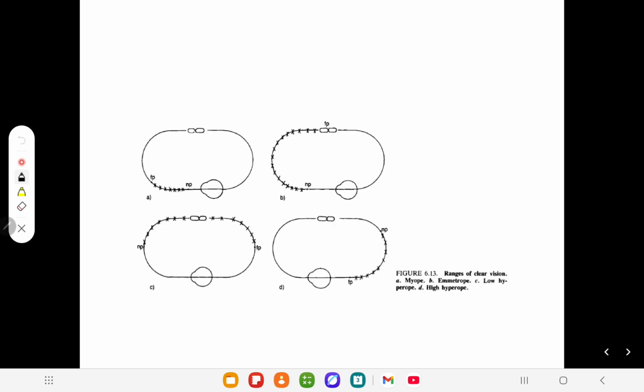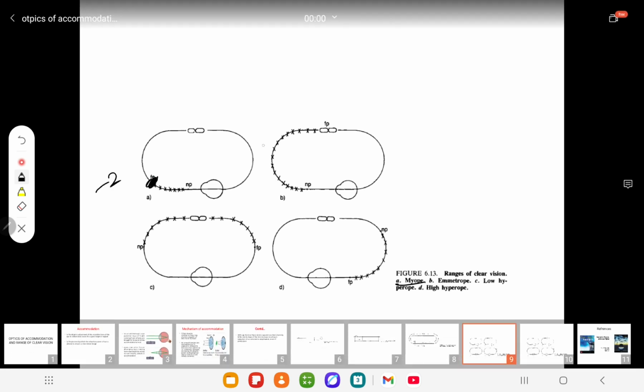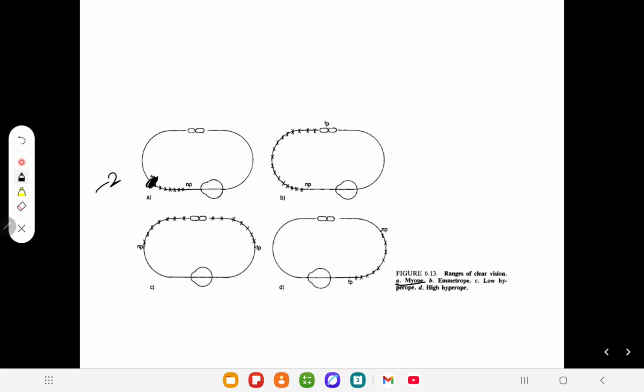And I want to tell you that in all these pictures, it's a very beautiful picture. The first picture is myopic, isn't it? The far point is here, for example -2 or whatever, and then he accommodates. So without correction, the range of clear vision in myopia is like this, isn't it?